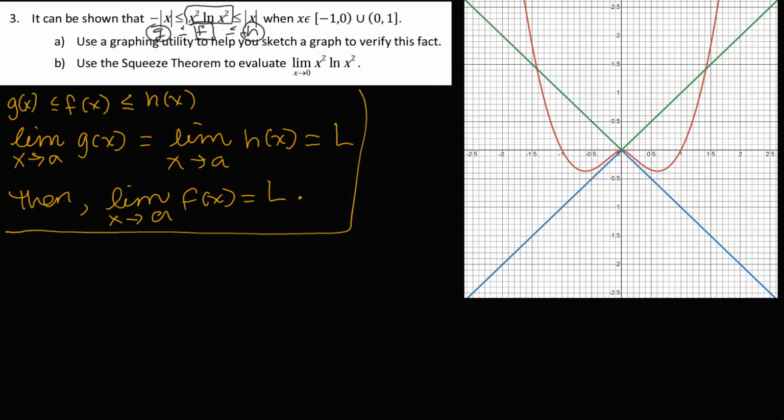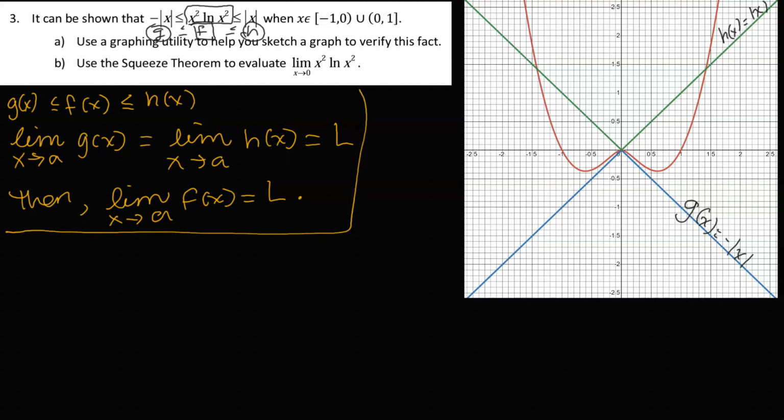And what we want you to be able to do is use a graphing calculator to verify that, in fact, this is true. So this right here is g of x equals negative absolute value of x. That's the blue one. And then on top you have h of x equals absolute value of x.